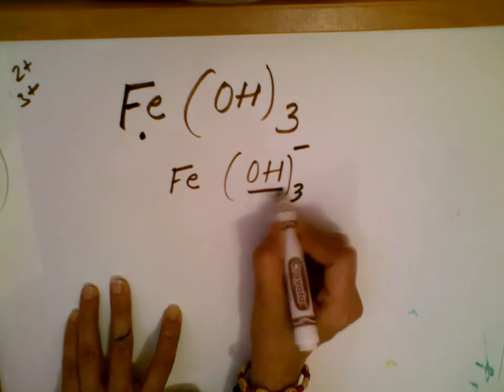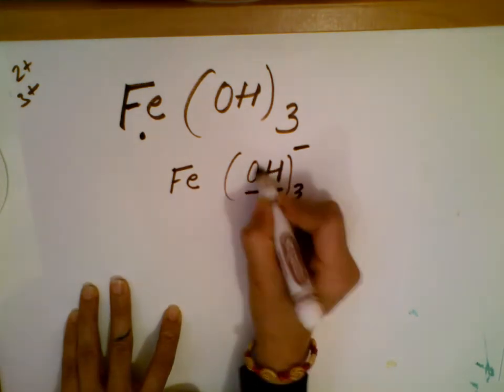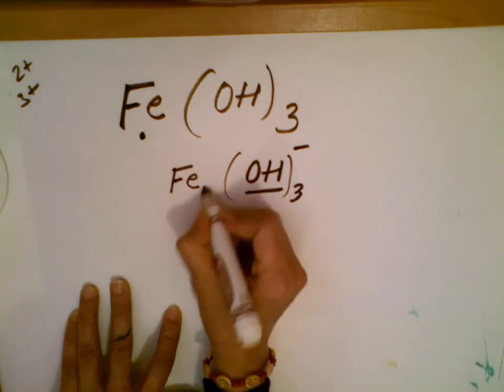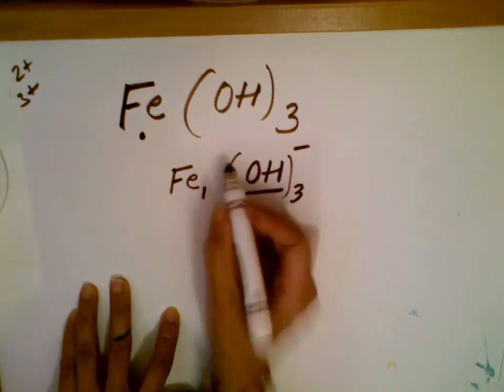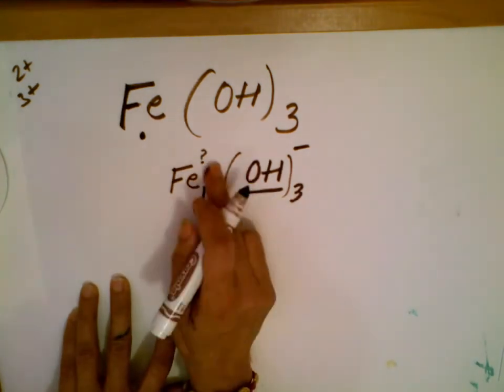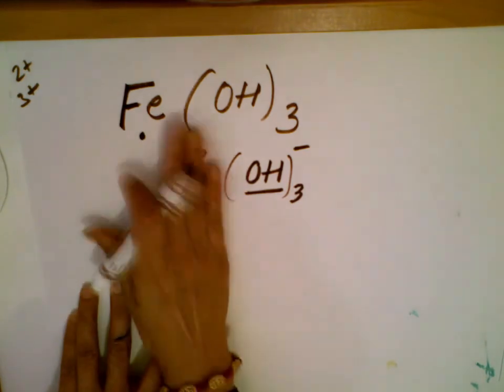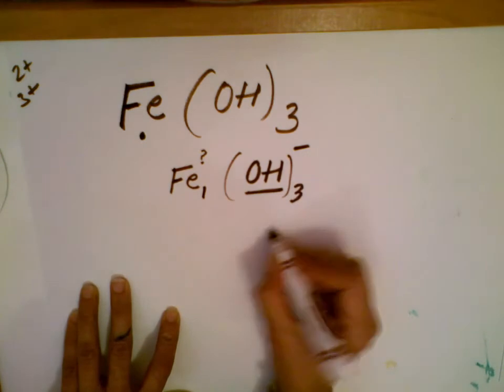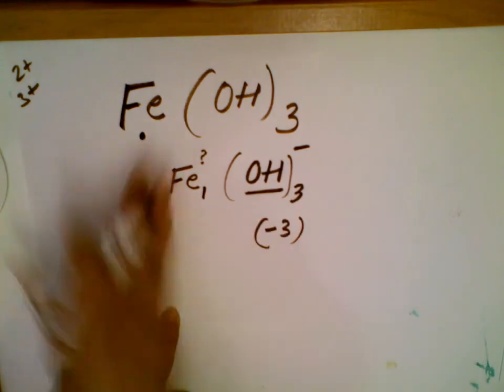Okay, so you have 3 hydroxide ions here, and here you are given 1 iron. Now what should be the charge here? Let's say our charge is X. What should be the charge here to make sure that plus and minus charges cancel out each other? So this is 3 and this is negative 1, so this is negative 3. What should this one be?